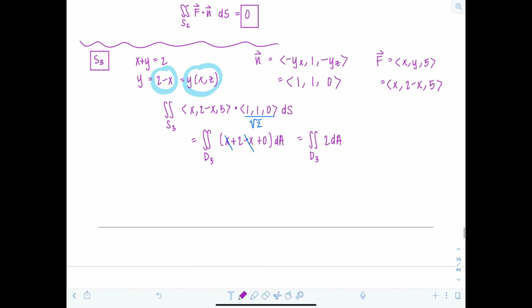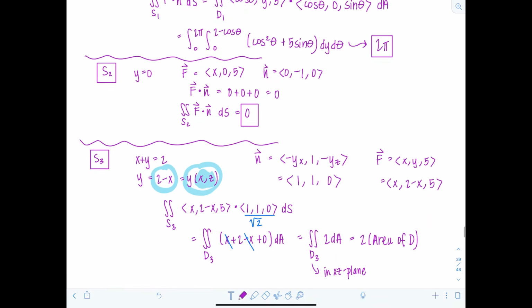Well, where is D? Okay, be careful. Y was defined in terms of x and z, yes? So that means D is in the xz plane. And if I just have the double integral of 2 dA, that means my result is going to be 2 times the area of D.